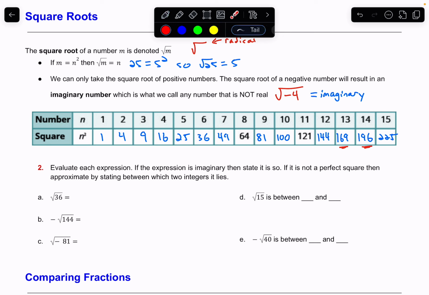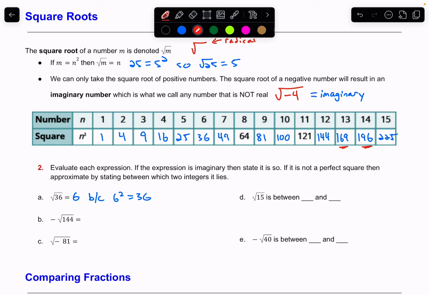We have square root 36, so all I do is find 36 on my chart right here, and its square root is the number above it, which is 6. So square root 36 equals 6, because 6 squared is equal to 36. We don't need to say that logic every time, but that's really what's happening behind the scenes.